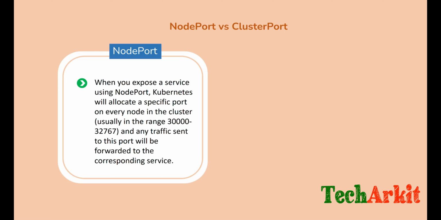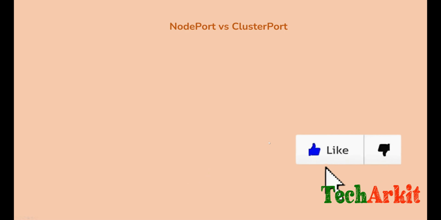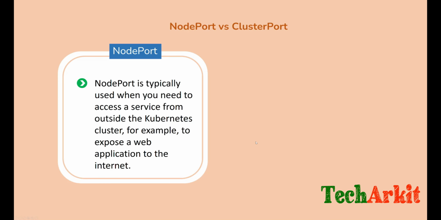For example, if you expose a web service, then internally a port in the 30,000 range will be listening, and externally a different port will be listening and forwarding that traffic. ClusterIP is the default service type in Kubernetes.